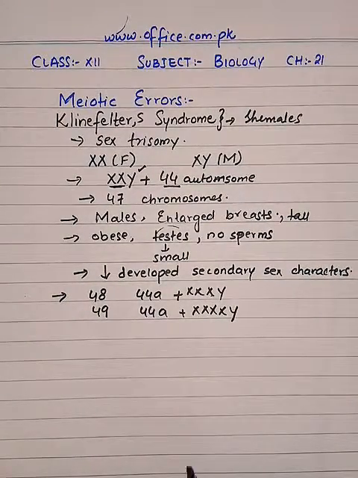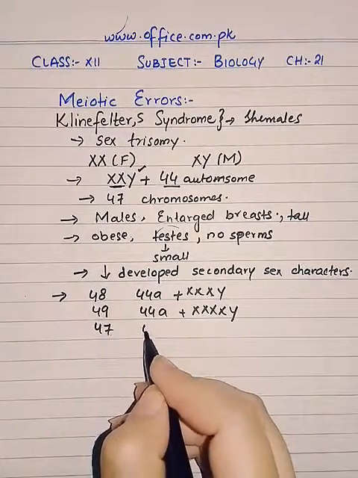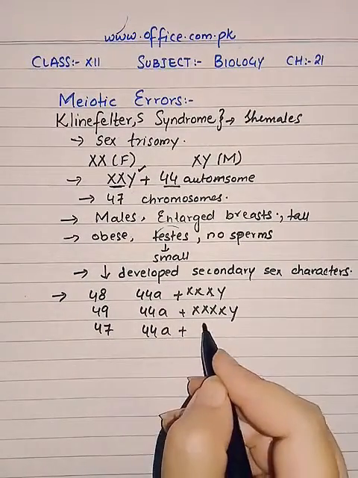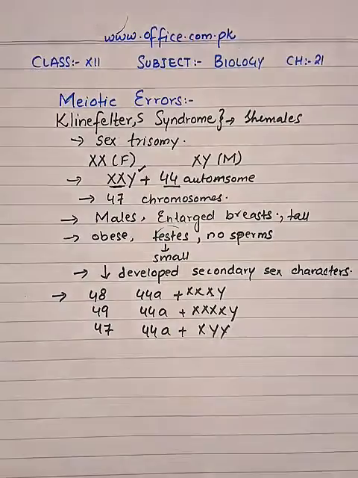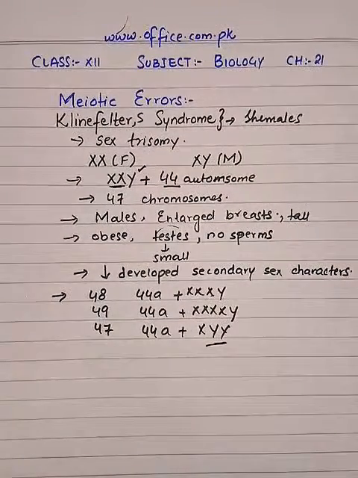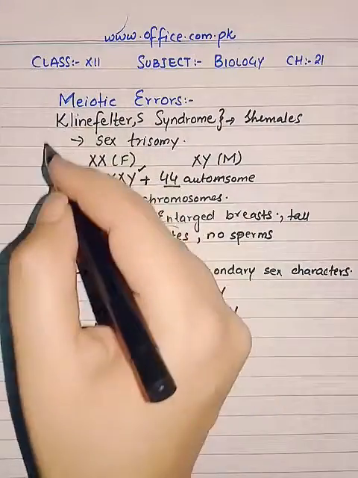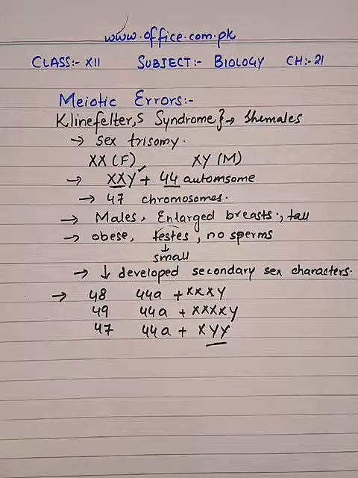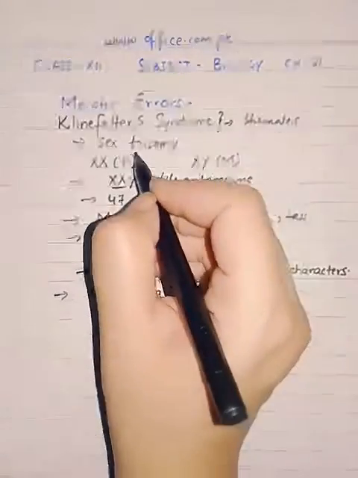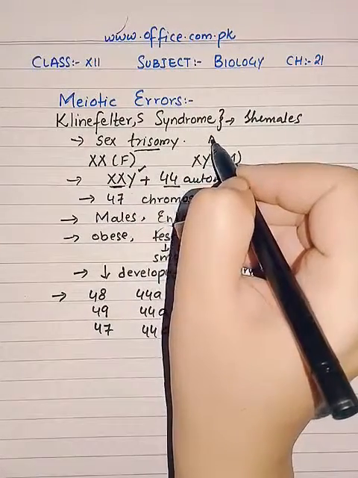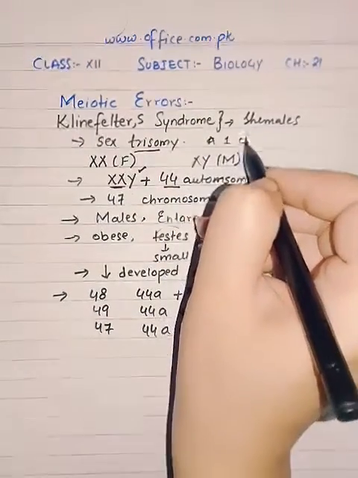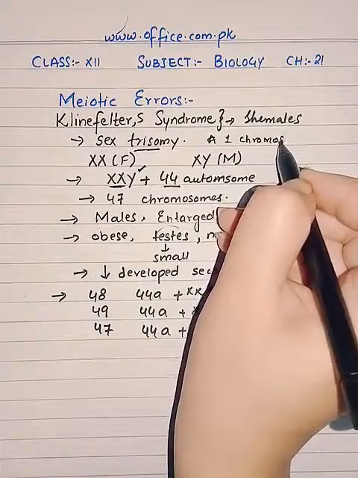And 47 chromosomes in which 44 autosomes plus XYY, here the Y character will dominate, are also observed, and they come under the category of Klinefelter syndrome. Now trisomy means one chromosome is additional.